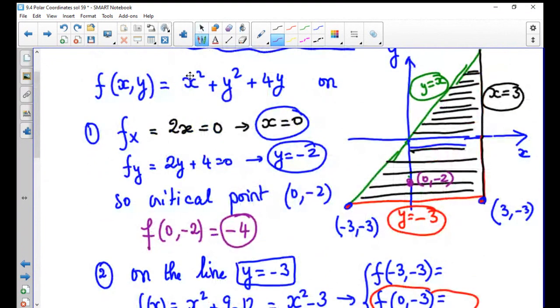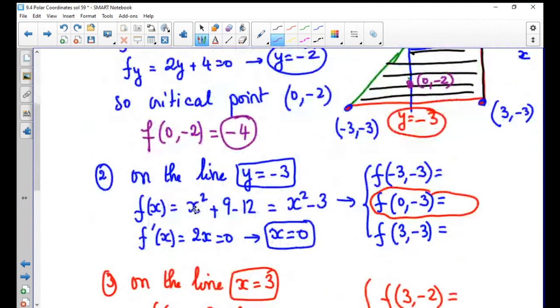That means you go to the function f, and this y, you replace it with -3. You will get the function x squared minus 3. Take its derivative and make that derivative equal to 0. Derivative here is just 2x. So 2x equals 0, so x equal 0.